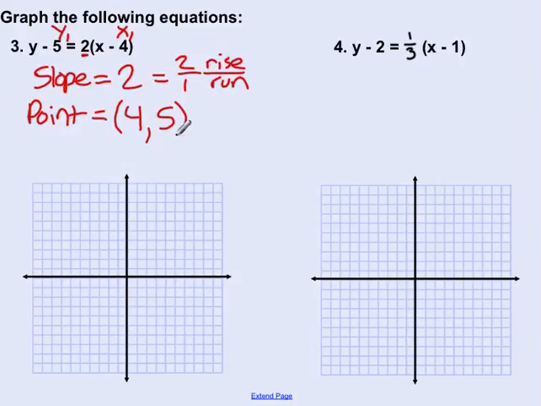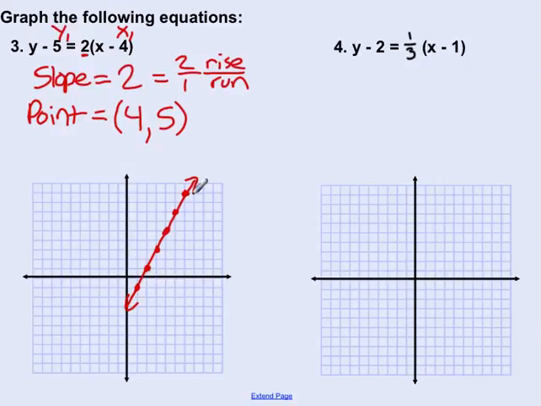Because if you were to go in reverse and put it back into the formula, it's y minus y sub 1, or y minus 5. And some students get a little confused about those signs. So when you graph these, you just pick off that point, go find where 4, 5 is. Then from that point, use your slope to find other points. So I'm going to go up 2 and over 1, up 2 over 1, go backwards as well. Don't forget to connect your points to form your line.